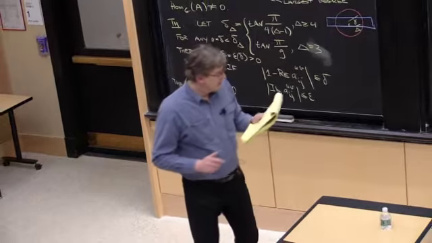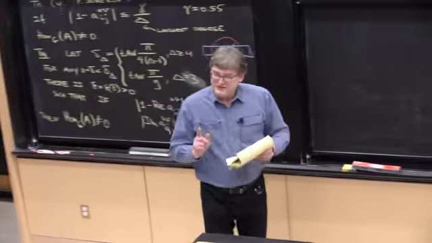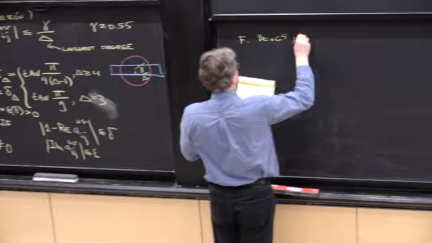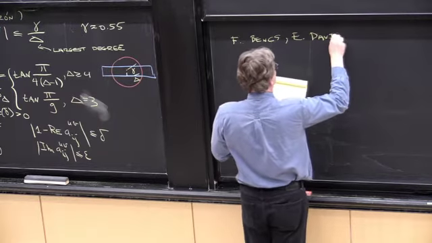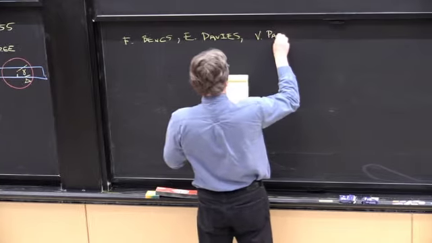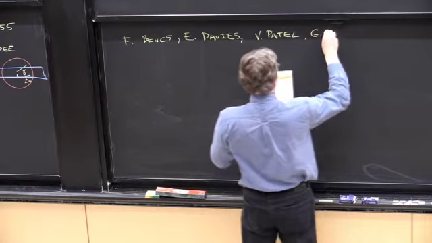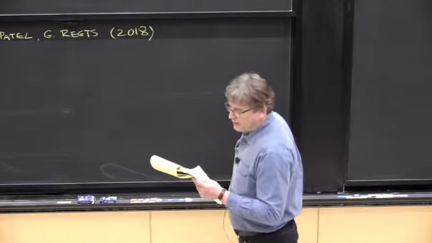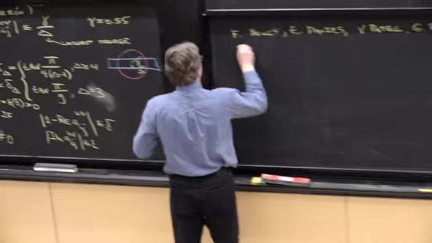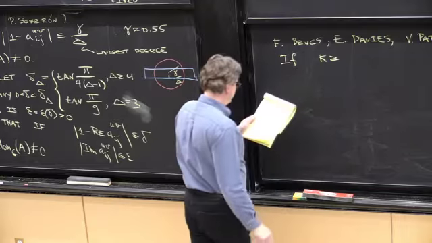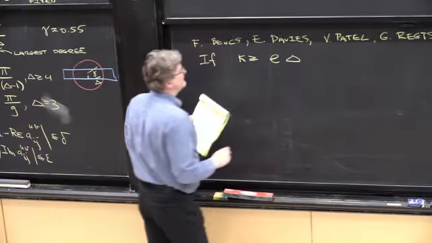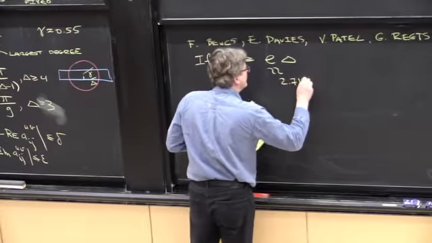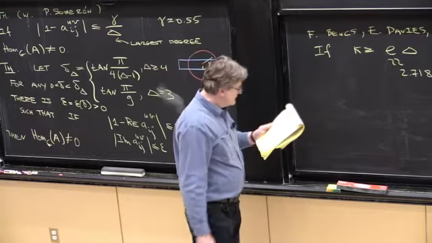So the latest thing that's available in the public domain is a preprint by Bencs, Davies, Patel, and Regts, 2018, which says that if k, the number of colors, is large enough, if it's at least e times delta, delta again is the largest degree of the vertex, and e is this, right?